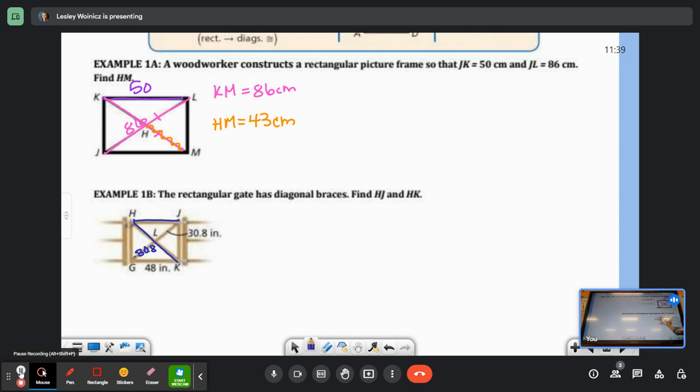This entire diagonal has to be congruent to that entire one. So HK is 2 times 30.8, which is 61.6 inches. My mental math is notoriously bad.